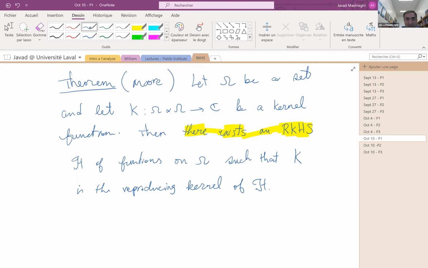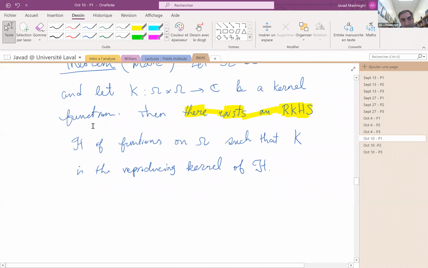You start with K, and then you construct H. In several applications, indeed, the construction given in the proof is not used. Just the fact that something exists is enough for us. One of the celebrated examples is the de Branges-Rovnyak space.